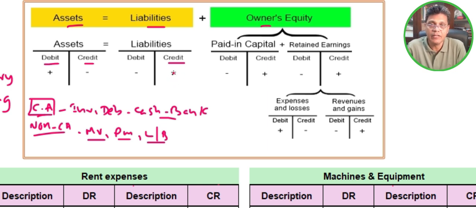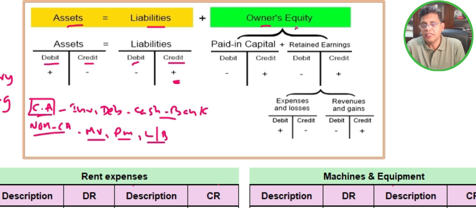Liability will increase, so you need to credit. And any decrease in liability should be debited. Once you repay your loans and credit supply payments, you debit the liability account to reduce the obligation towards them.